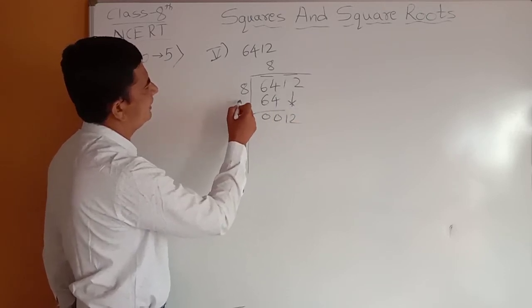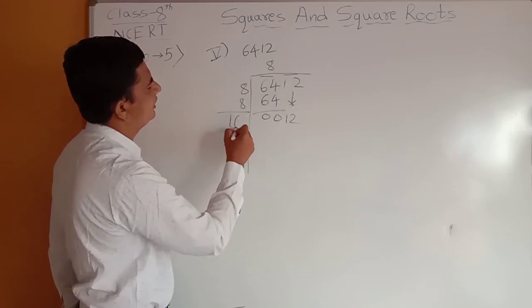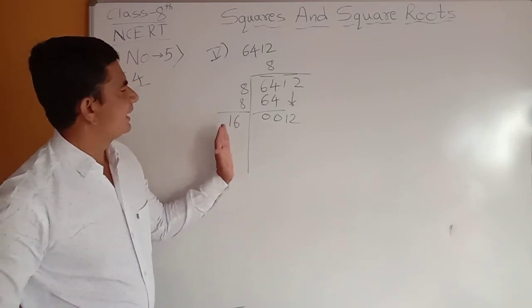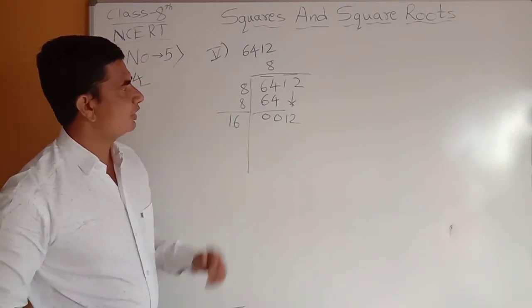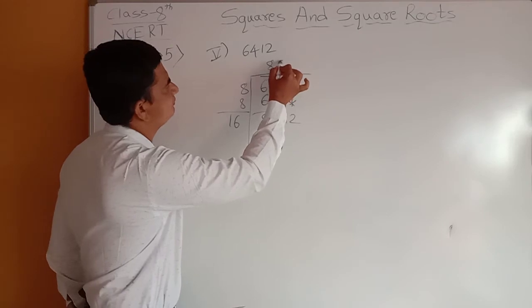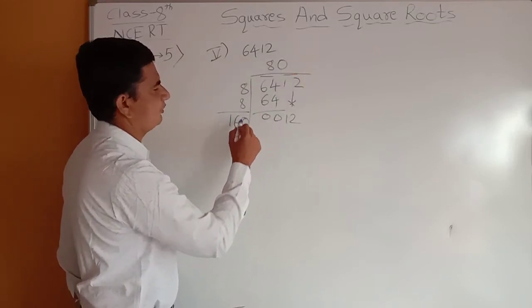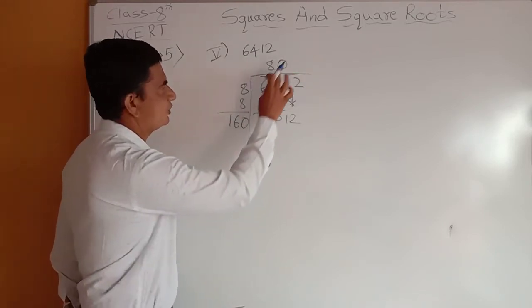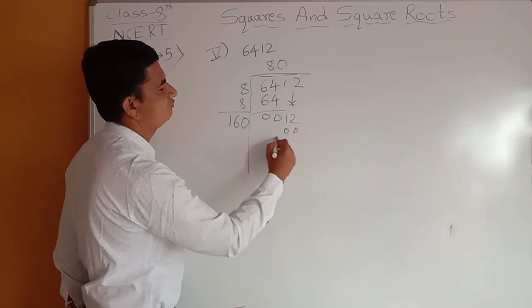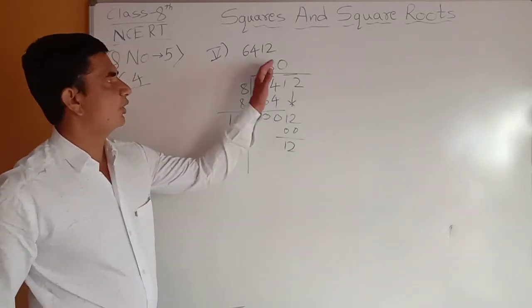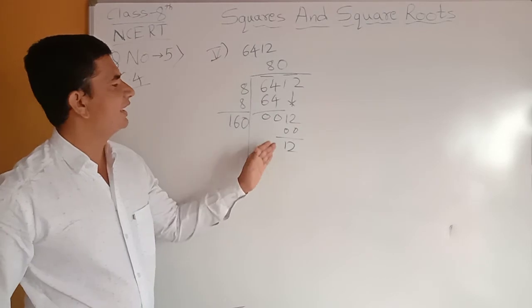So what do we have to add here? 8, 16. So the number is big and this is small. So what can you do? 0. 160, 0 is 0. What is the answer? We got here 80 and remainder 12.